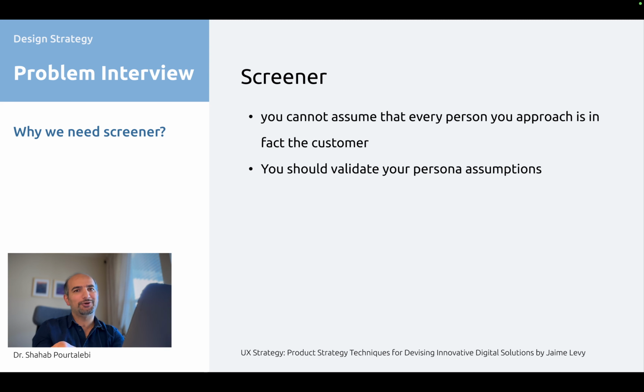We want to make sure that the person you are interviewing is a parent, not a babysitter, for example, or a relative or something like that. So that's why we have all these screener questions ready, and we try to ask them before getting started with the interview part.